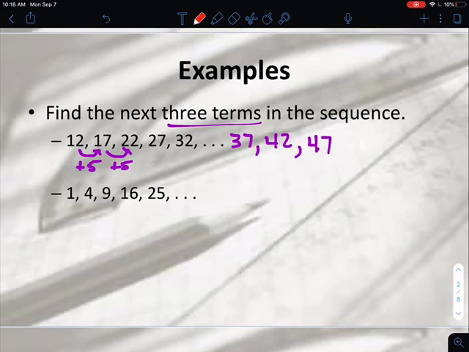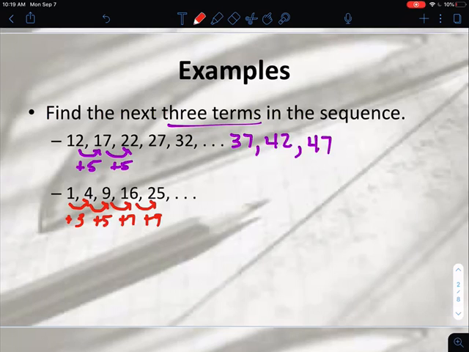This one actually has a couple different patterns you could apply. A lot of times what people look at is, okay, if I go from this term to this term, I add 3. If I go from this term to this term, I add 5. I add 7. When I go from this term to this term, I add 9. So as I look at the addition, I'm going up by 2 every time.